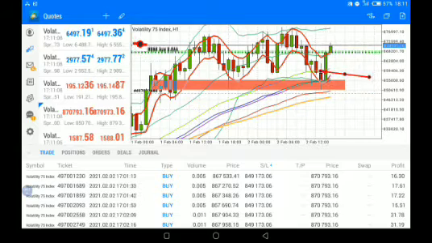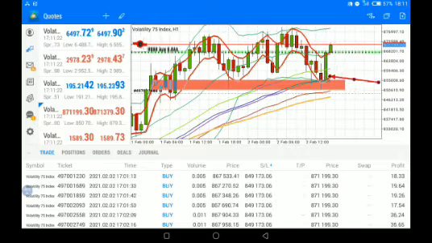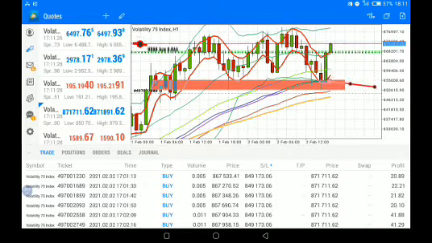Where it doesn't go my way, I have my stop loss. But I believe it's going to go my way because this is a precise entry. I waited for this setup. It is intentional. I did not trade out of chance.